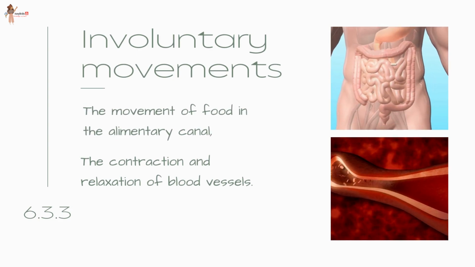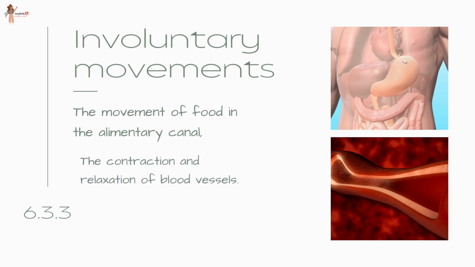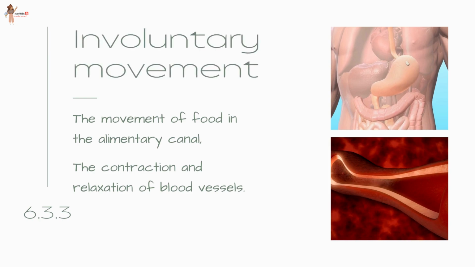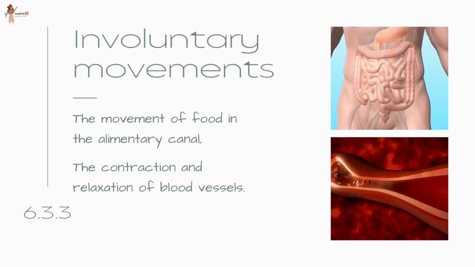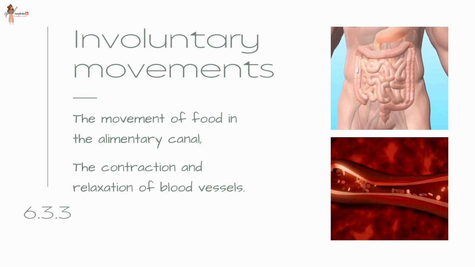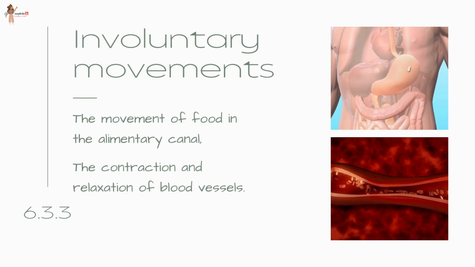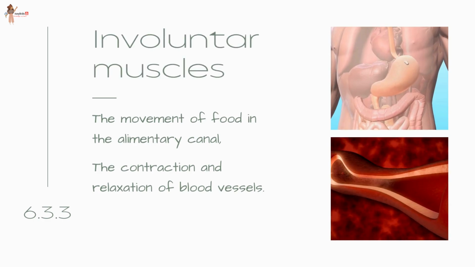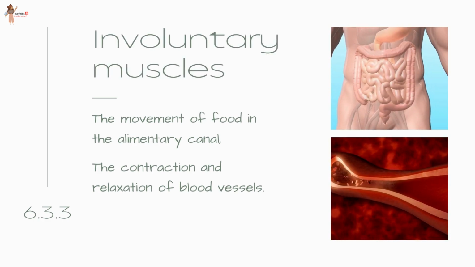The movement of food in the alimentary canal or the contraction and relaxation of blood vessels are involuntary movements. We cannot really start them or stop them simply by wanting to do so. Such movements are controlled by smooth muscles or involuntary muscles.